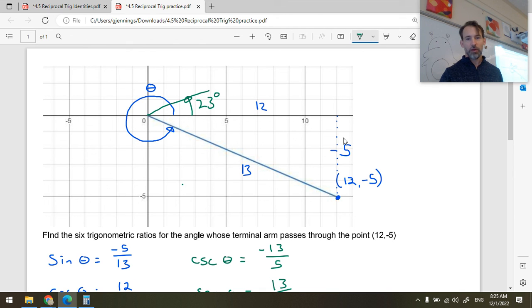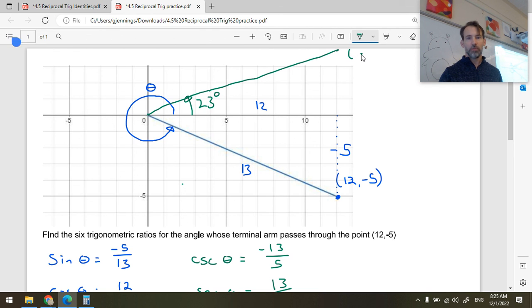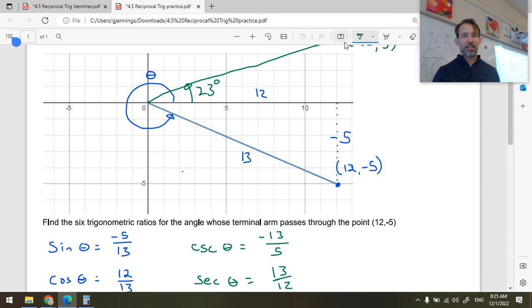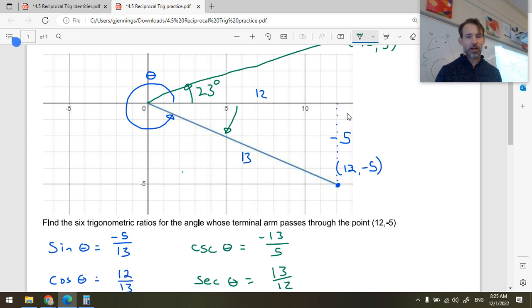That would be an angle of 23 degrees, and it would go out and hit this point. Oh, I could have shown that point. That would have been nice. Up here, it would have hit the point (12, positive 5). And then maybe you're a little annoyed, and you say, well, I can see that this angle is just a reflection in the x-axis. I have to reflect down there.